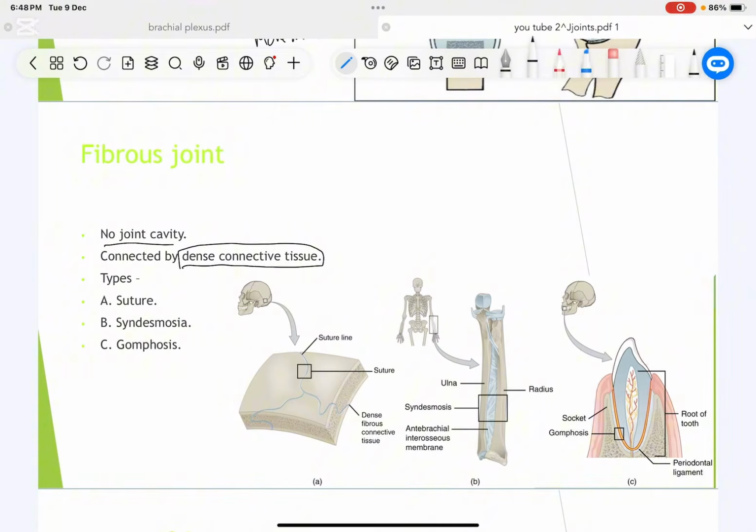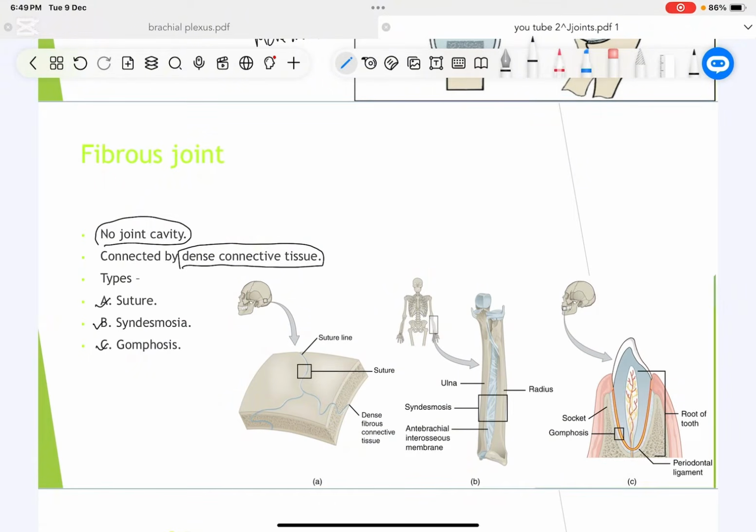So it is a solid joint, with no cavity between the two skeletal components, interconnected with the help of dense connective tissue. There are some subtypes of the fibrous joint: suture, syndesmosis, and gomphosis.